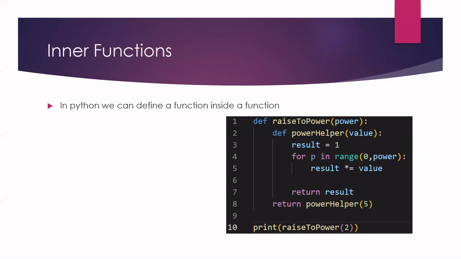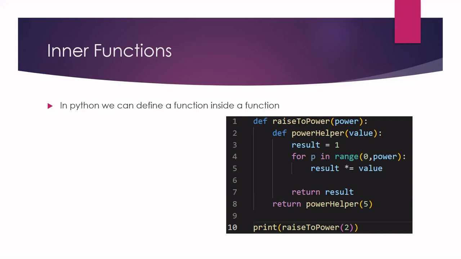And then inside that function, we have another function called power helper. Within that function, there is a result. It calculates the power, just multiplying the given value by itself as many times as the power is.